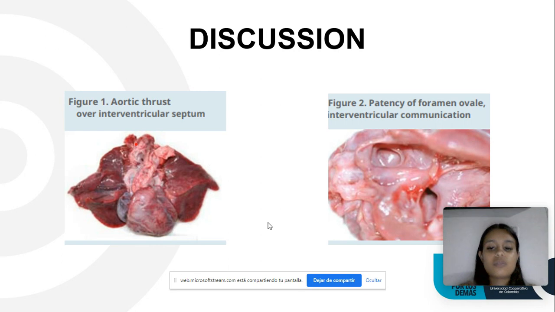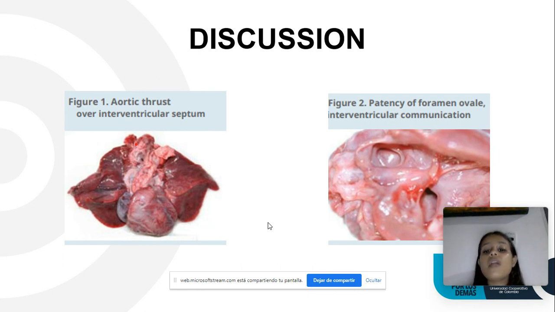Okay, the discussion. These pictures: number one, aortic truss over interventricular septum, and number two, patency of the foramen ovale, interventricular communication.